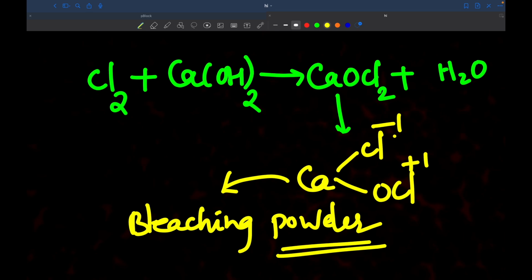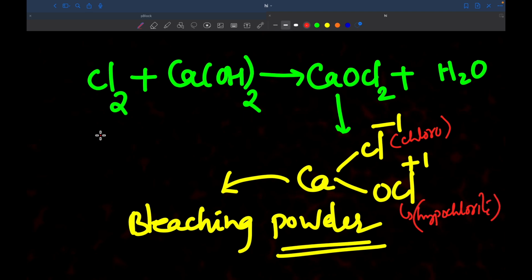This part of chlorine is known as chloro, and this chlorine with the positive one charge is known as hypochloro. Yeah, hypochlorite. So how do we write this one?